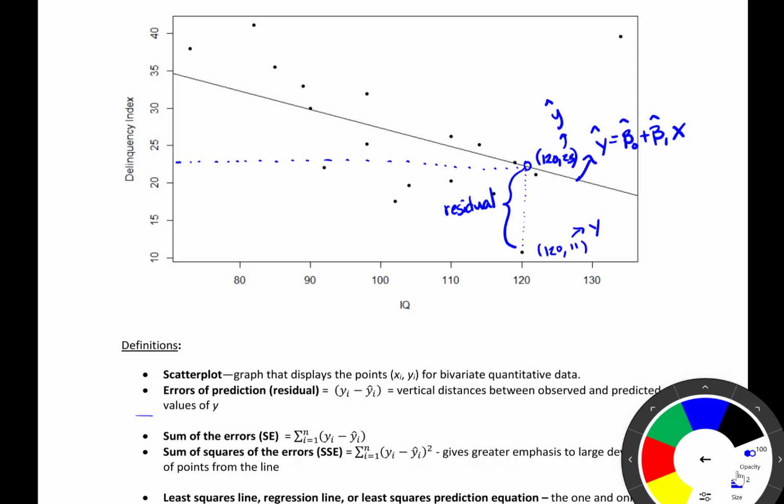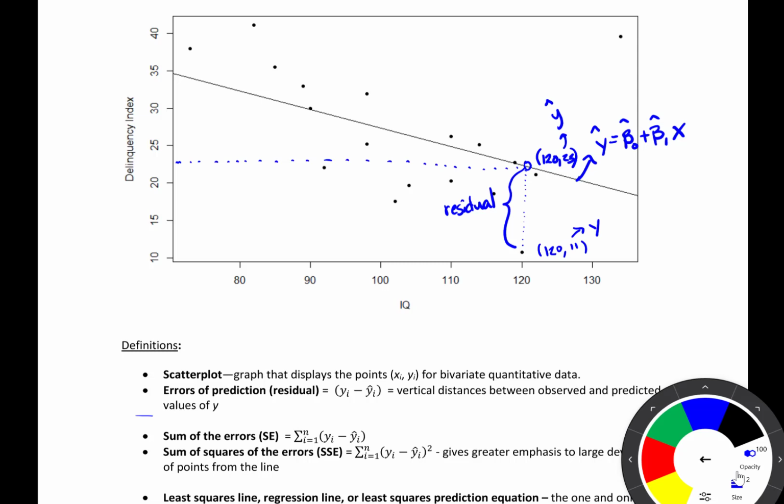Now, the problem is that some of the observed points are going to be below the fitted line and some of them are above. And it ends up that the way that linear regression is done, if you add those up, they're going to cancel each other out and be equal to 0. So for that reason, we want to work with positive values. So what we do is we actually work with the squared errors.